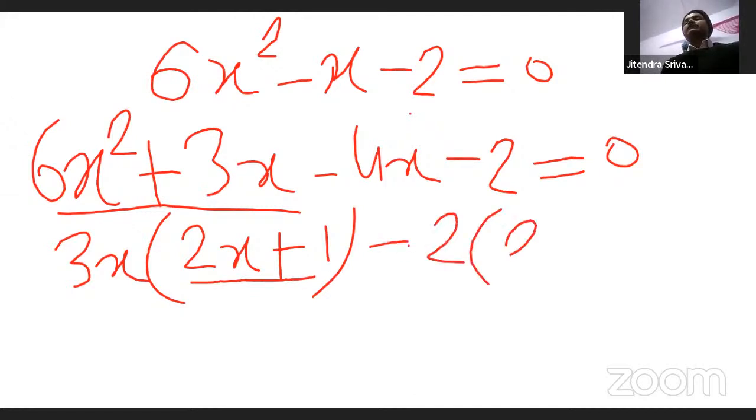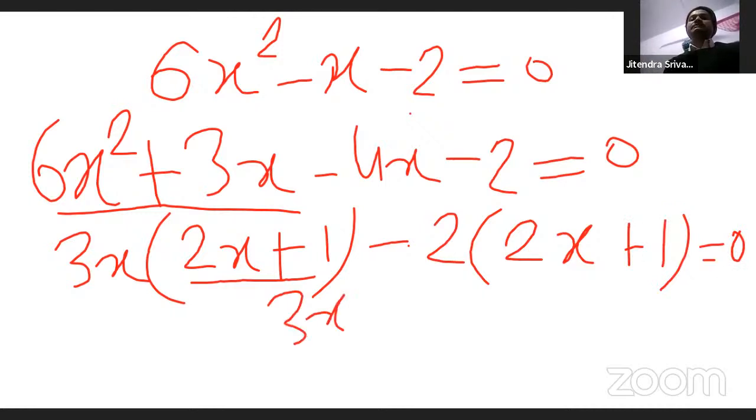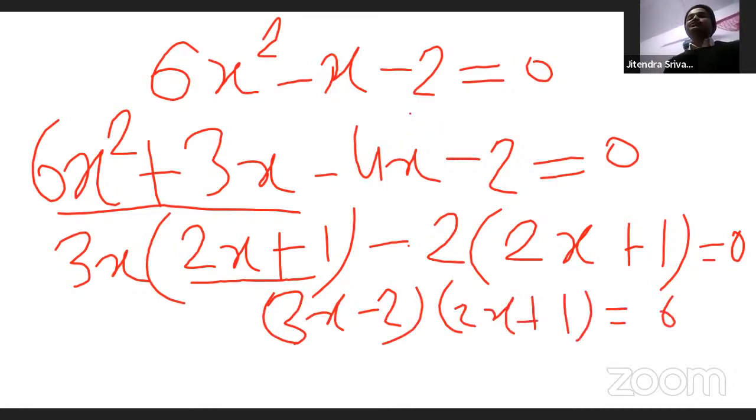So our bracket will be 2x plus 1. We can see we have these factors, 3x minus 2 and 2x plus 1 equals to 0. Sorry. 3x minus 2 and 2x plus 1.